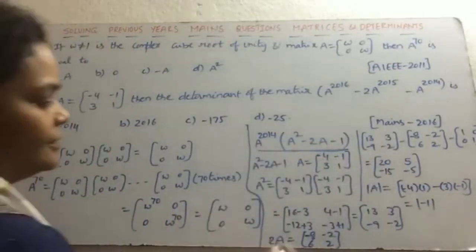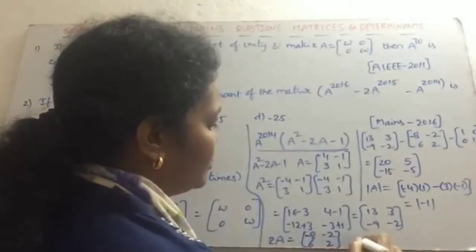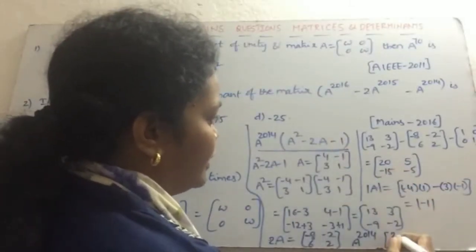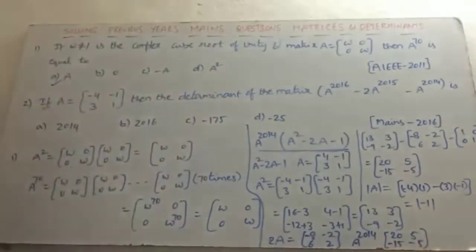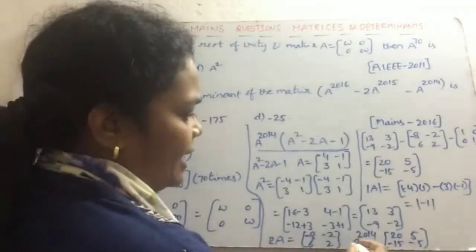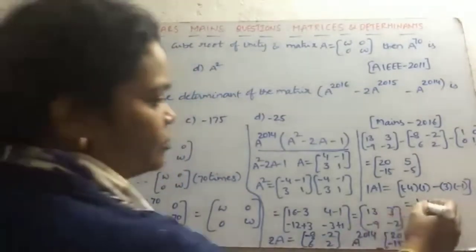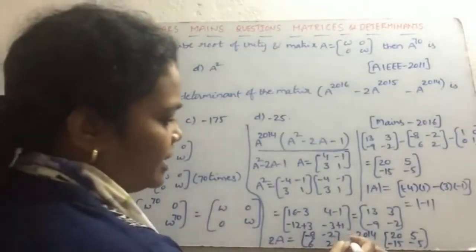Then we will get A to the power 2014 into 20, 5, minus 15, minus 5. The value of det A is equal to minus 1. So now I will substitute here.